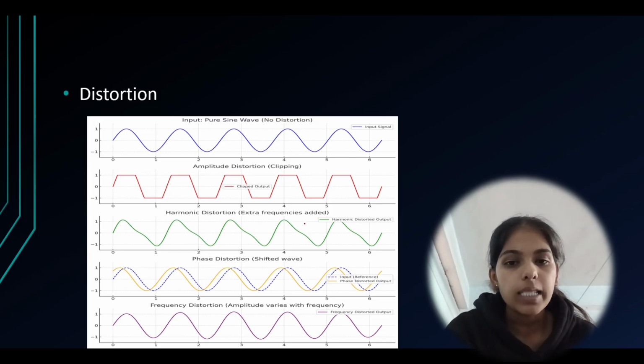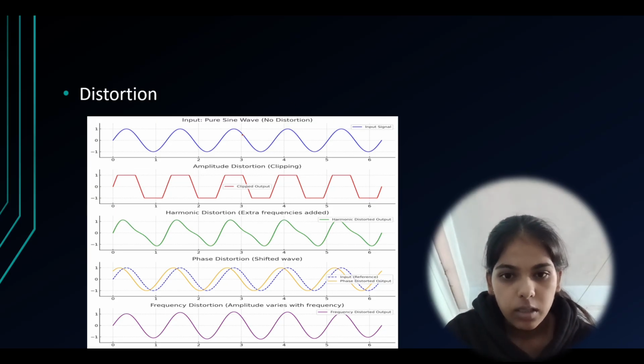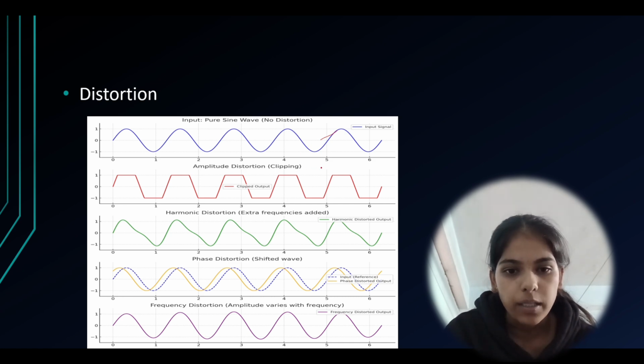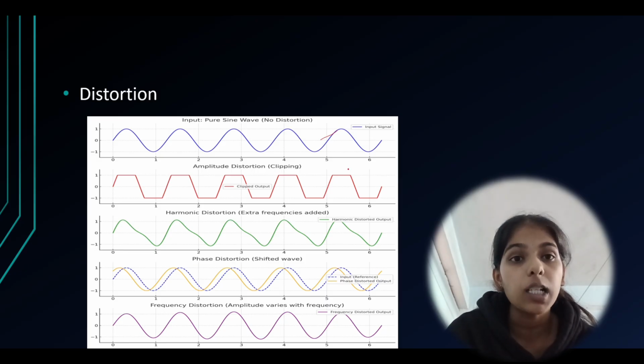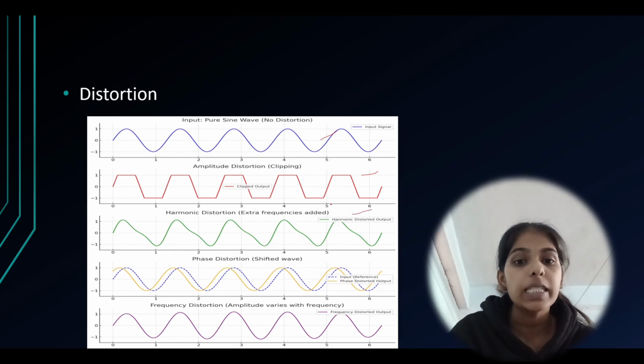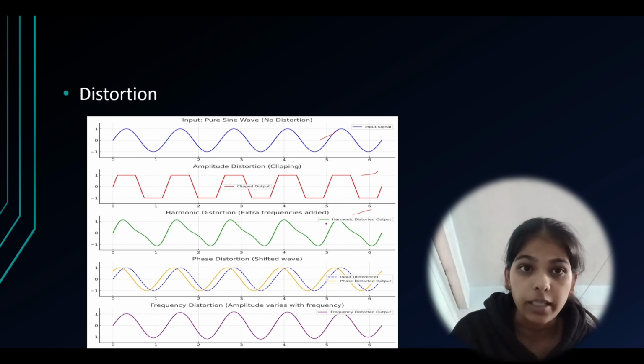So let's see the graph first. The blue color shows a pure sine wave with no distortion. This is given as input. But during performance, amplitude distortion occurs, meaning a clipping process happens, in the red wave, and in the green wave there is harmonic distortion, meaning extra frequencies are added.